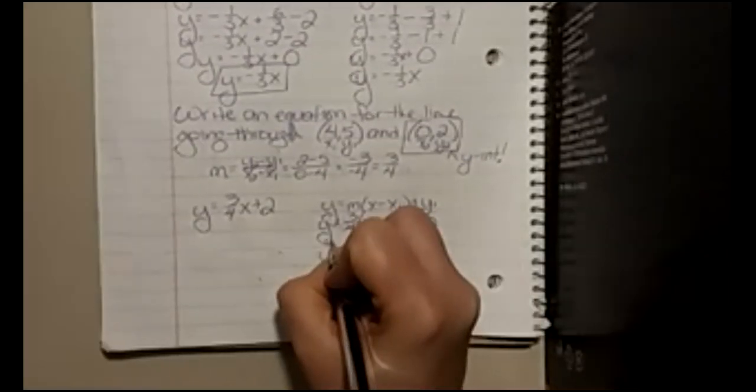Or, for those of you that do want to fill in that step, I'm putting the 4/1, so I get 3/4 x minus 12/4 plus 5, which simplifies to minus 3 plus 5. And then, when I combine like terms, I get y equals 3/4 x plus 2.